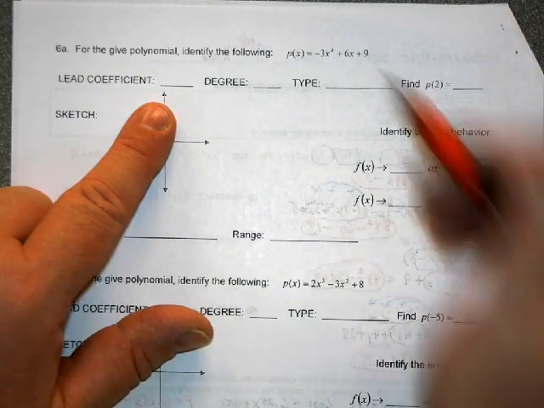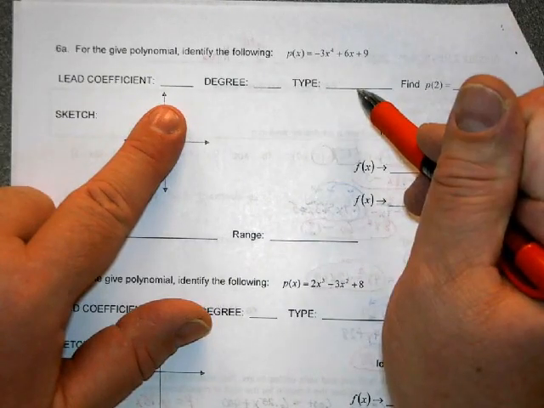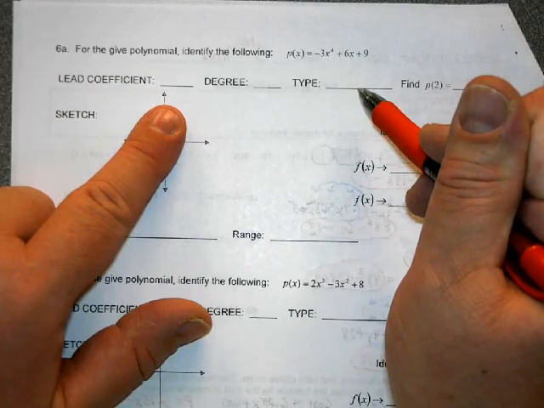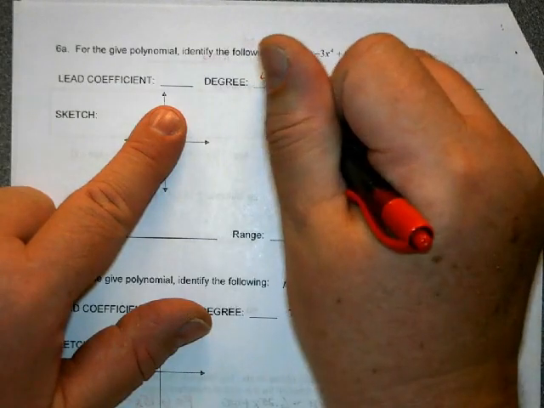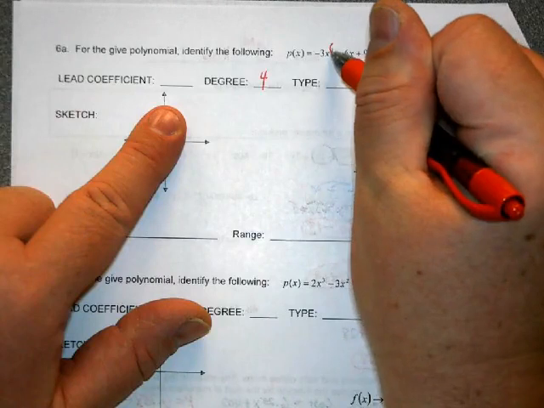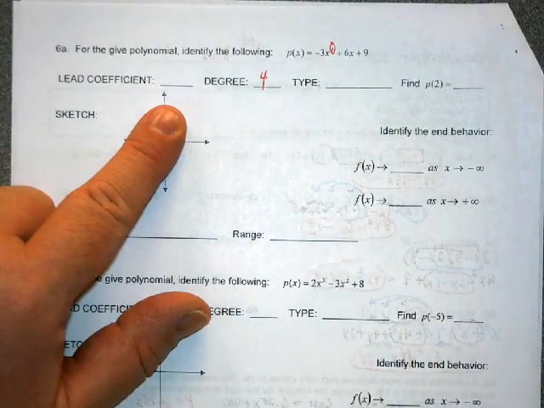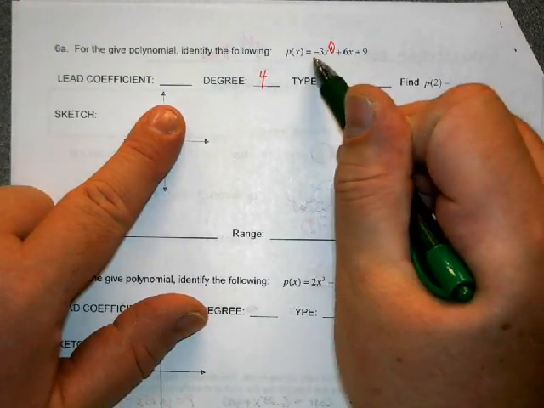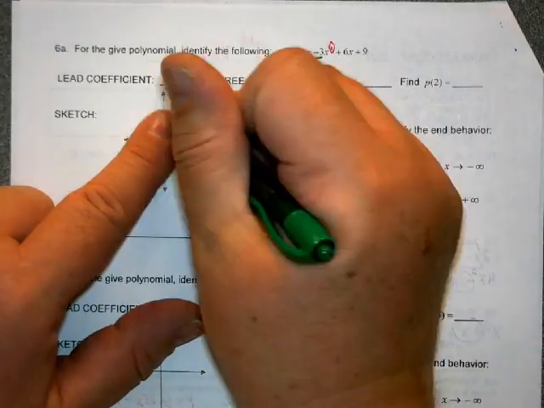It's 4x. Well, that's a degree, my highest degree, right? 4. And that'll be my leading coefficient. Oh wait, no, it's negative 3, right? Exactly. Okay, it's a fourth degree.